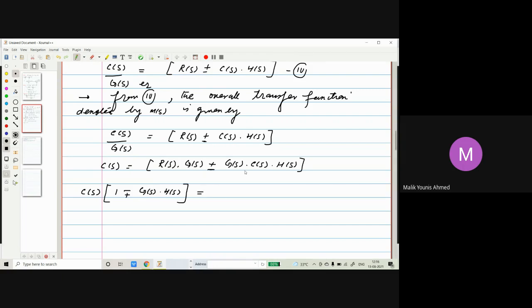So the right hand side term will be only one term, that is R of s into H of s. My aim is to get C of s by the overall transfer function, overall output divided by overall input, that is C of s by R of s.